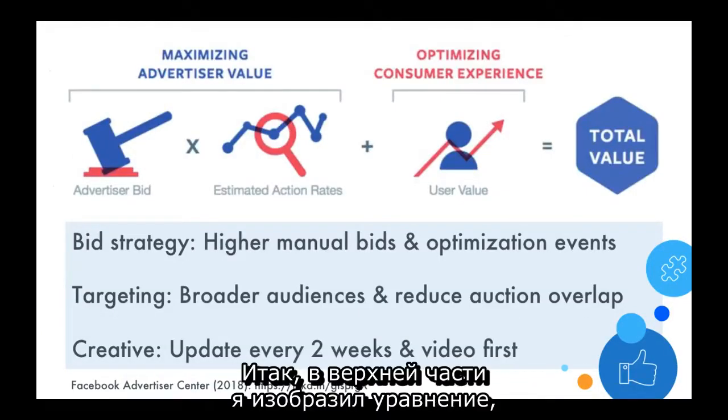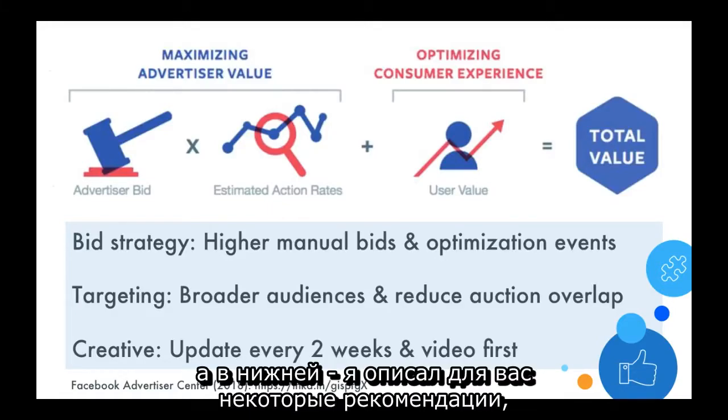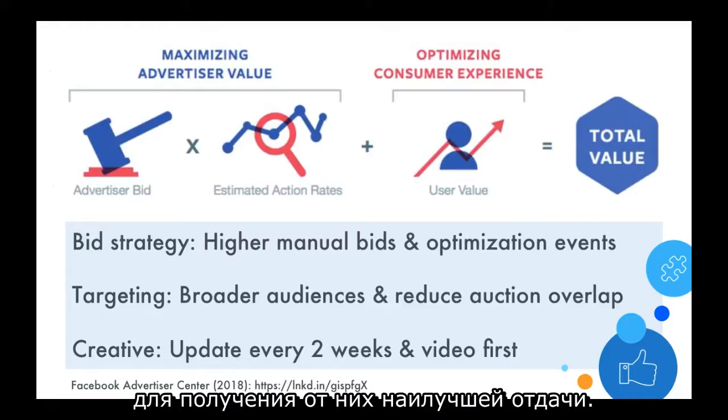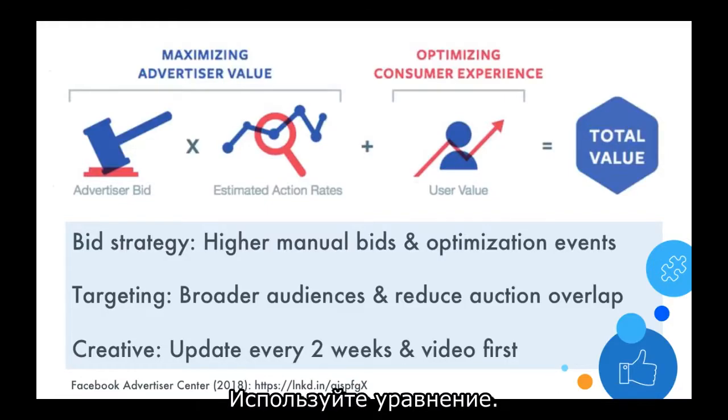So in the upper part, I show you the equation, and then in the lower part, I also present you some recommendations that you could apply to your own campaigns in order to get the best out of them, applying this equation. But let's go step by step. Let's start with the equation. You see, basically 3 categories.